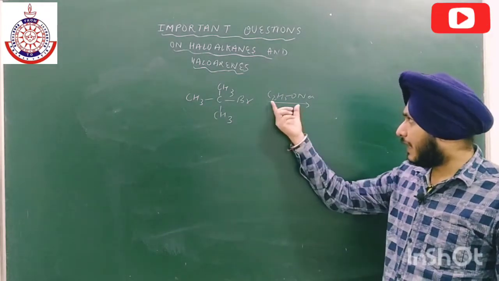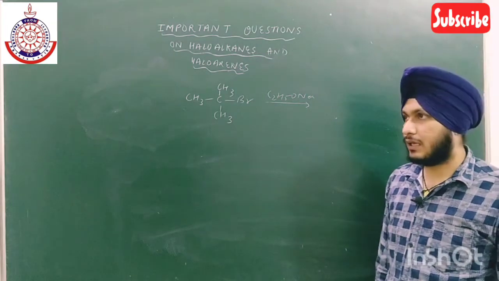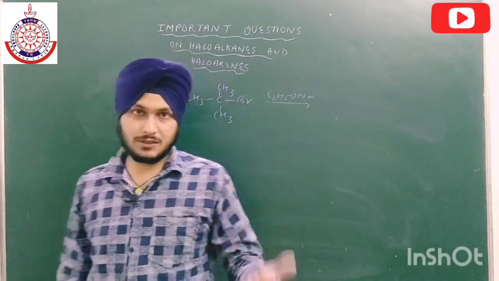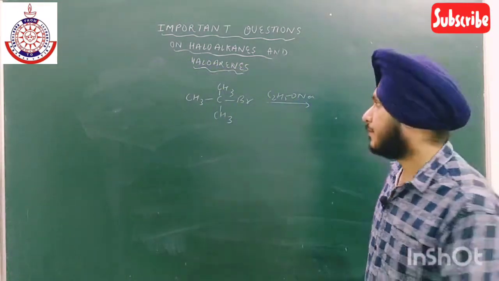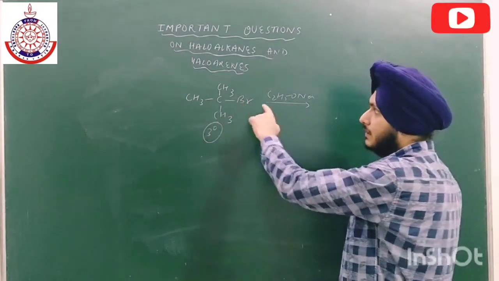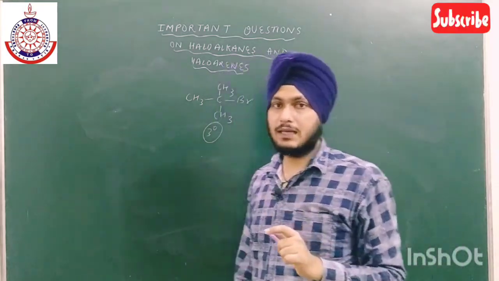So we have to look at the reagent, or the nucleophile, which we are using. Sodium ethoxide is a very strong nucleophile, and we have a 3-degree alkyl halide, which means a 3-degree carbocation will be formed when the nucleophile attacks.